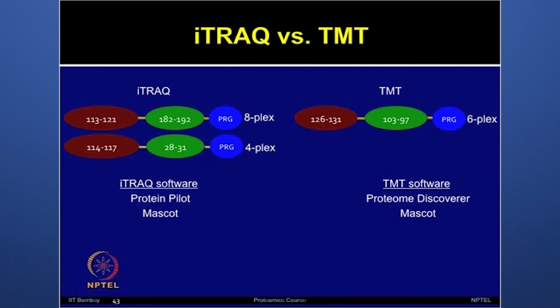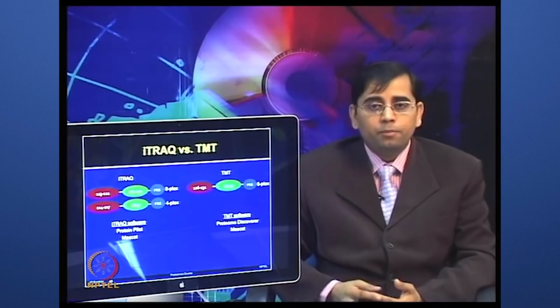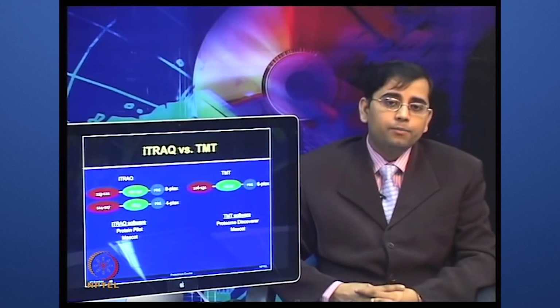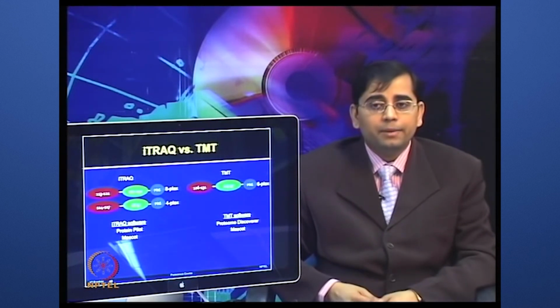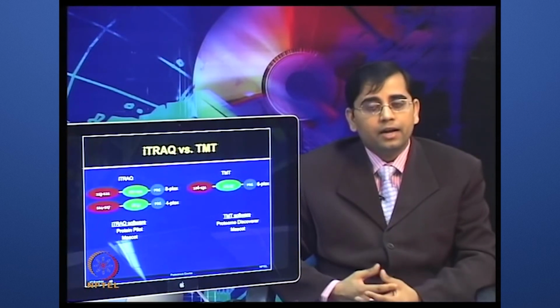In case of TMT, the reporter groups have 126 to 132 Daltons, and the balancer consists of 97 to 103. So, tags are quite similar in the overall structure. The iTRAQ analysis can be performed by using software such as Protein Pilot and also Mascot. The TMT based analysis can be performed with software such as Proteome Discoverer and Mascot.